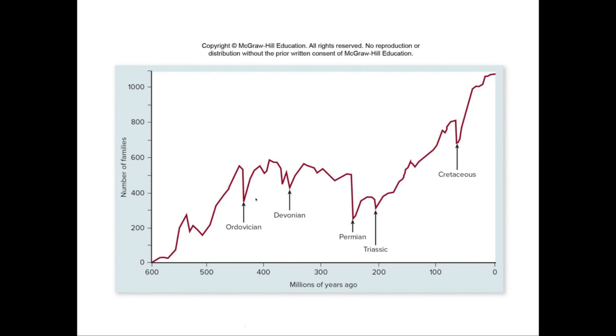We lose hundreds of millions of species here, and then they recover, and then we have the next one, and they recover, and then we lose, and so on and so forth, right? You see that we're continuously accumulating species over time, but there are these great extinctions where we wipe out huge proportions of the species on the planet. And again, we are currently on one of these big downward trends.